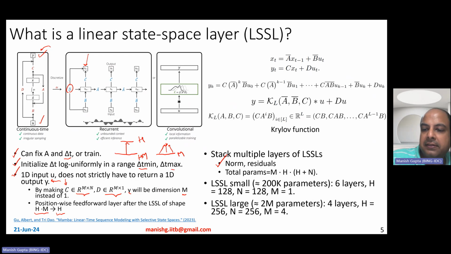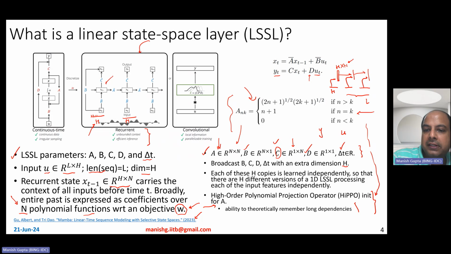And it has these parameters. If you have this mixing parameter M, that basically gives you M, and then H times H plus N. So remember, H square came up because of this mixing thing, but H into N came up because your B and C are H into N, right?